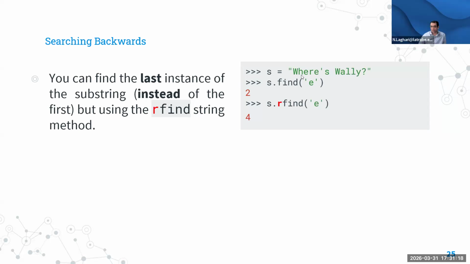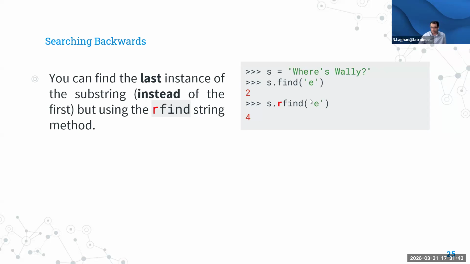So 0, 1, and 2 was returned. That's all good. Now, this time it starts finding E from the end. First, it checks whether this is E, this is E, this is E. No, this is not E, this is not E, this is not E, this is not E, but this is E. It finds this E. So the location of this is 4.